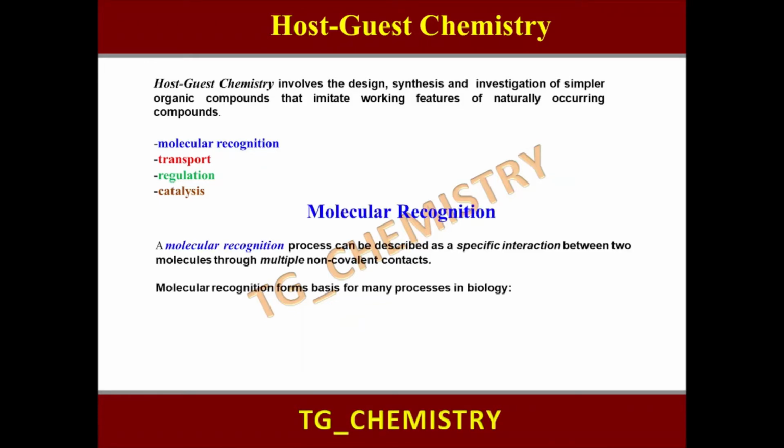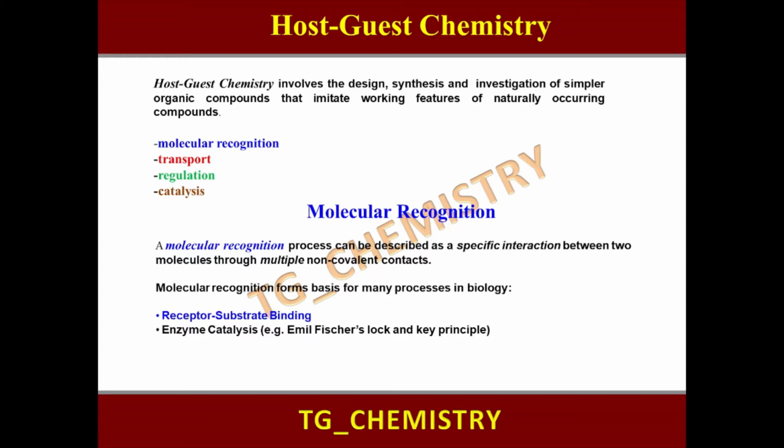A molecular recognition process can be described as a specific interaction between two molecules through multiple non-covalent contacts. So molecular recognition forms the basis of many processes in biological systems. Some of them are receptor-substrate binding, enzyme catalysis, which was proposed at the very beginning by Emil Fischer in terms of the lock-and-key principle.